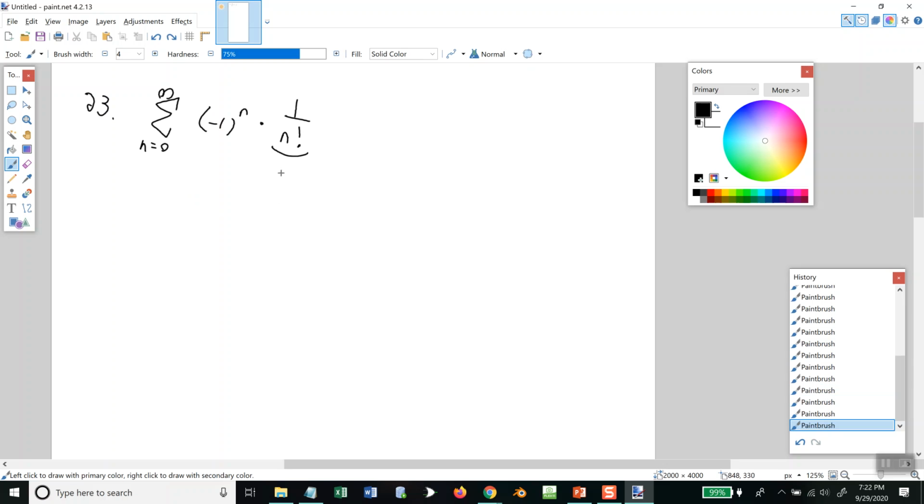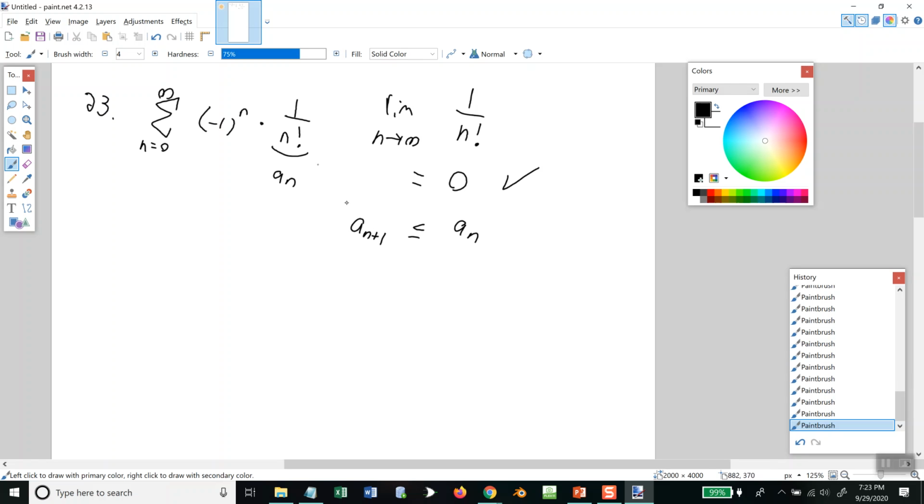Okay, so this is our a sub n. The limit as n goes to infinity of 1 over n factorial. Now, if I think of just plugging infinity in, I'd have 1 over infinity, which is 0. Infinity factorial goes to infinity even faster, doesn't it? Exactly. So this would be 0, so that's met. We're wondering if a sub n plus 1 is less than or equal to a sub n.